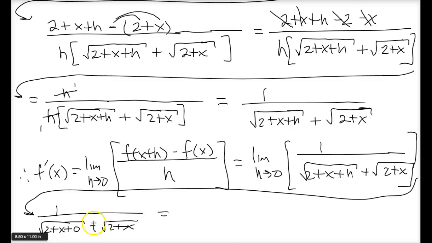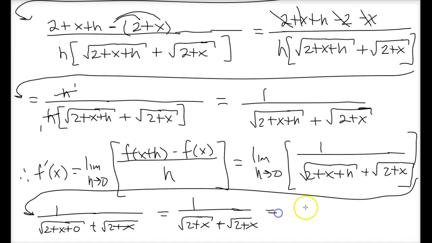And then, of course, we see that all this will just simplify to 1 over the square root of 2 plus x plus the square root of 2 plus x. And of course, since we have 2 of them in the denominator, then that is what we write. And that would actually be the derivative of the function that we were given, which was the square root of 2 plus x.